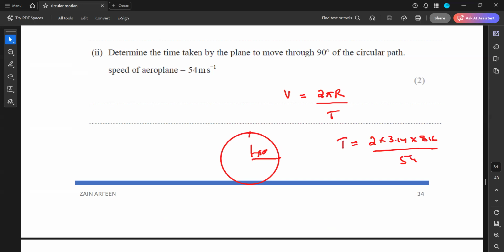This will give us the time it will take, but we don't need the total time. We need a quarter of this, so my final answer should be divided by 4. When we divide, the time it took will be 23.8 seconds.